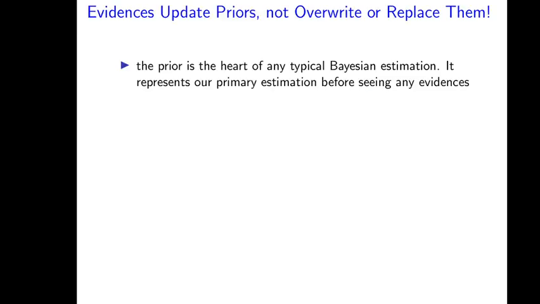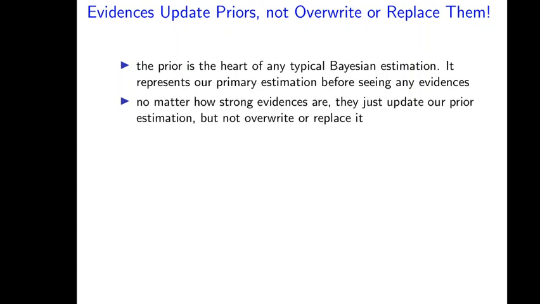So the prior is the heart of any typical Bayesian estimation or Bayesian inference. Without having a clear definition of your prior, you are not doing Bayesian inference, you are doing something else. So the prior estimation represents the primary estimation of our hypothesis before seeing any evidences.